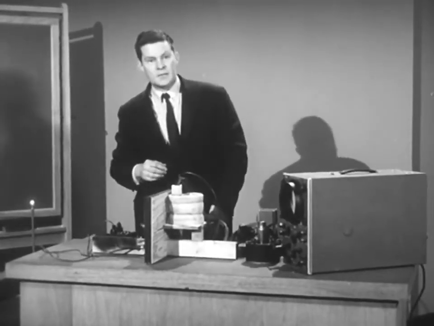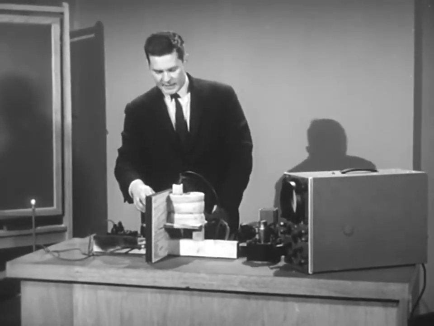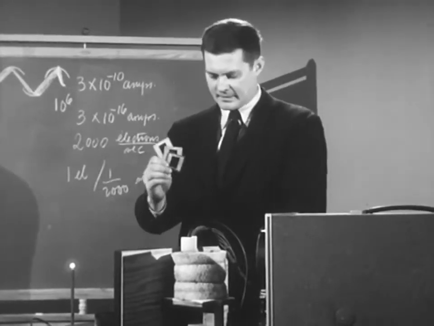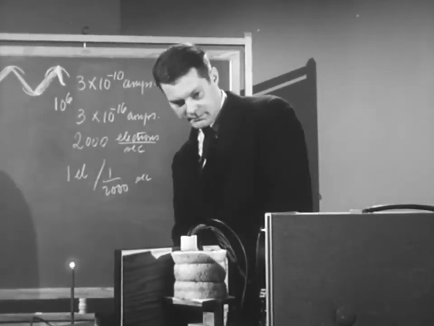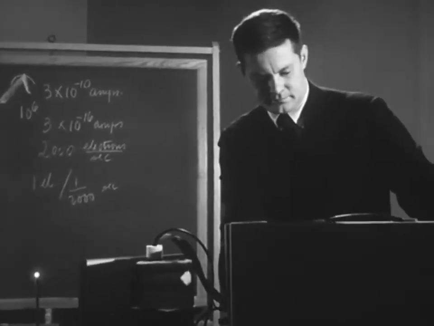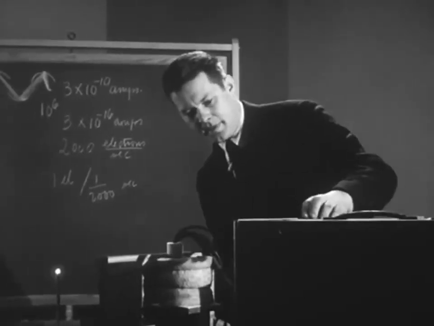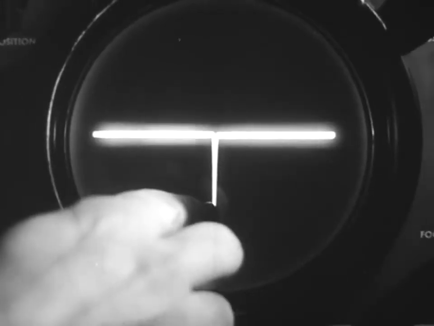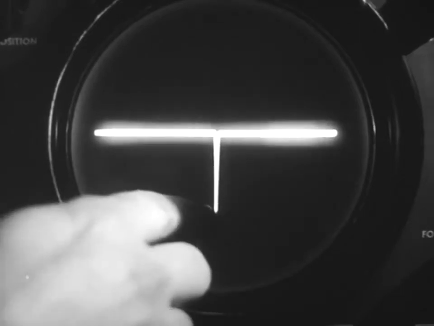And so we can see what we're doing, I'll take out these 3 filters. Here's where the shutter is open. Now, you notice that I've synchronized the sweep of the cathode ray oscilloscope with the rotation of the disk, so that the on period always takes place at the same point.